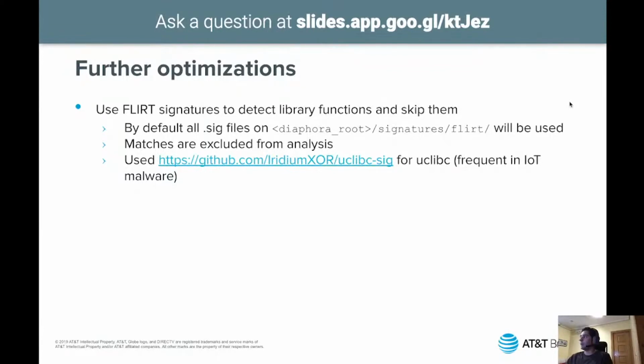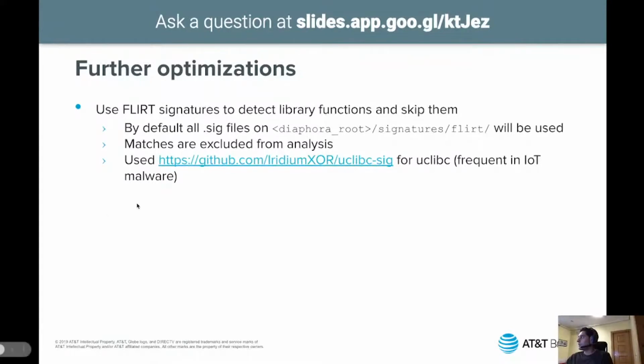In the meanwhile, I did something else that can also help reduce the time, which was to add FLIRT signatures to detect library functions and skip them, because usually you don't want to analyze and find matches across these statically compiled library functions.